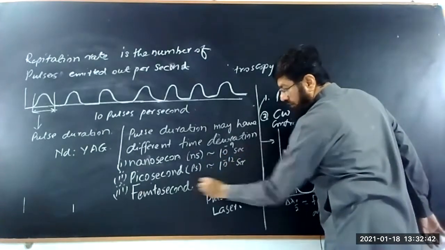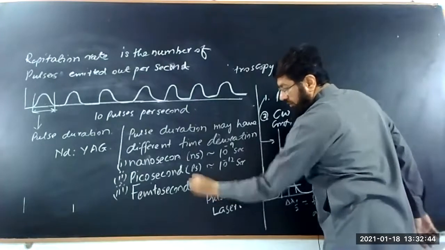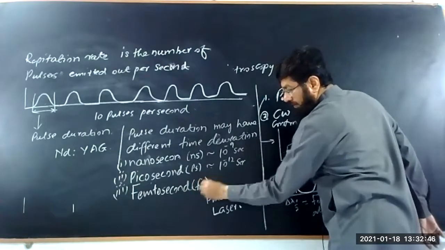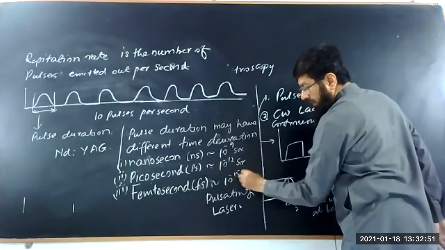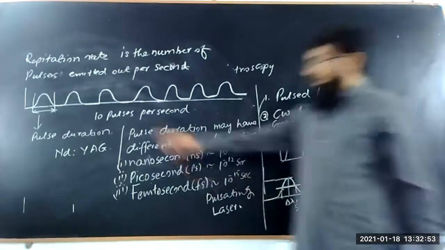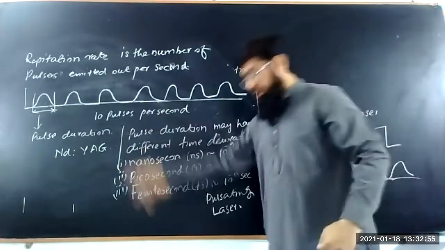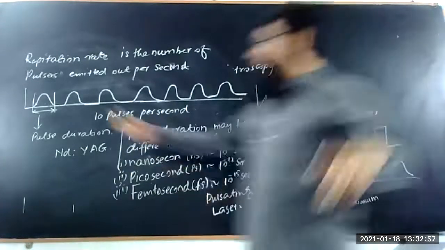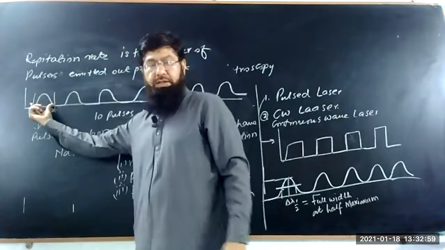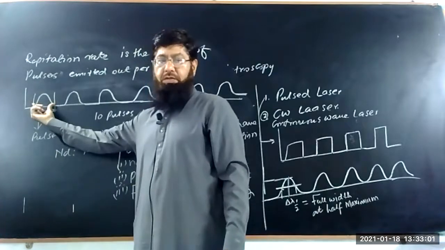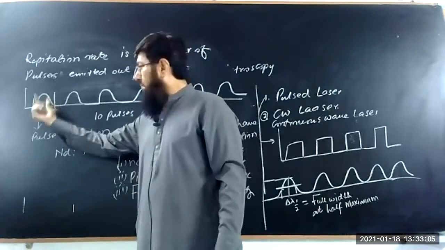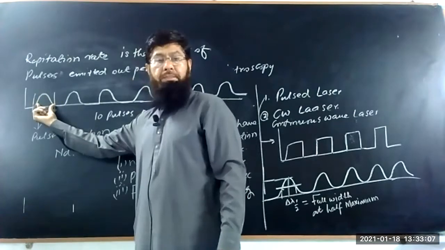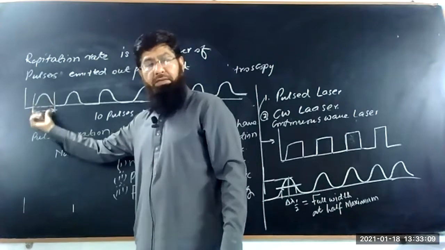And femtosecond, which we call fs, is equal to 10 raised to the power minus 15 seconds. So this indicates the duration of the pulses, and we call it the pulse duration. This pulse duration may be nanosecond, maybe picosecond, maybe femtosecond.